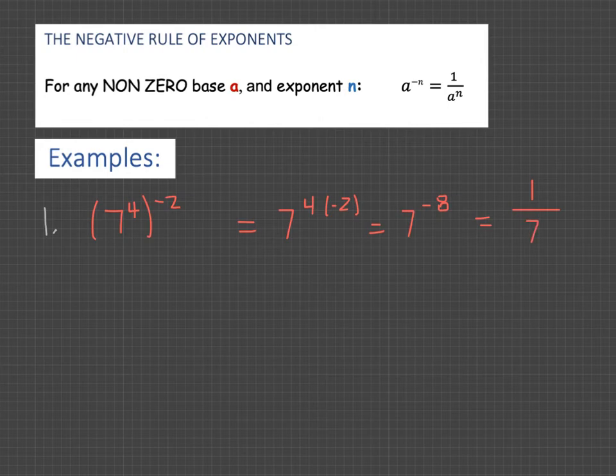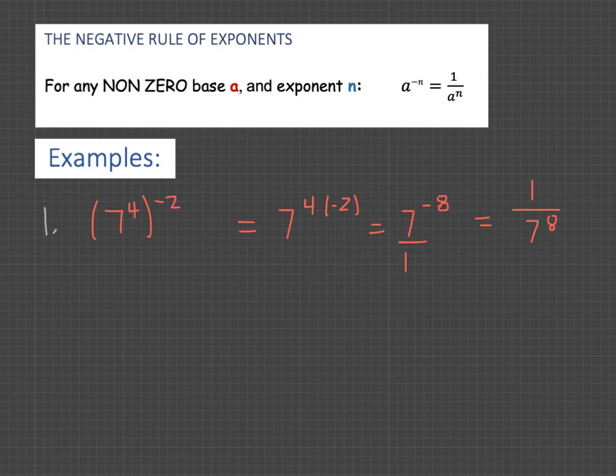So that means we take 1 over 7. We take that 7, which is in the numerator, 7 over 1, and we put it in the denominator. That, seemingly by magic, will now make that exponent positive. So we get 1 over 7 with the exponent positive 8. We're just going to leave it like that rather than evaluating it using the calculator.